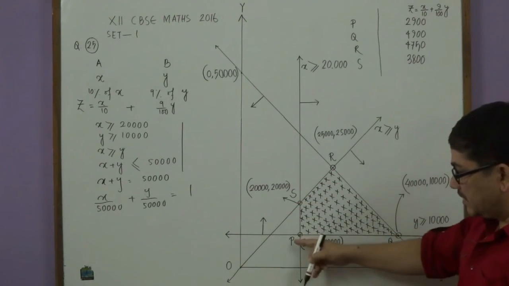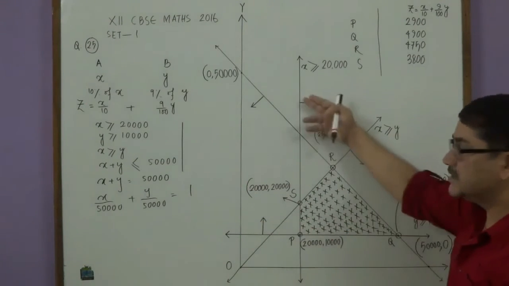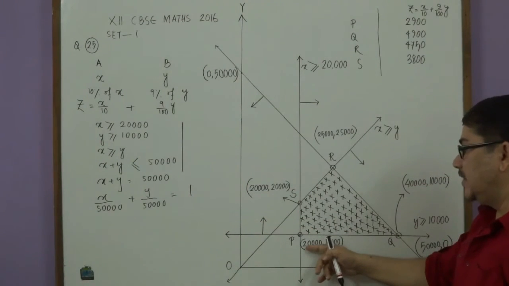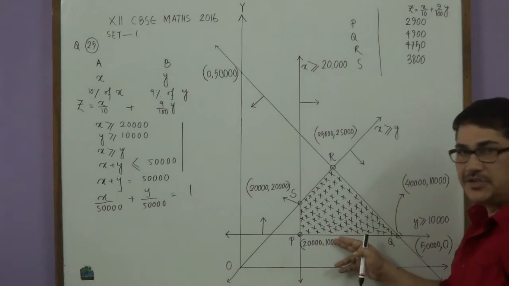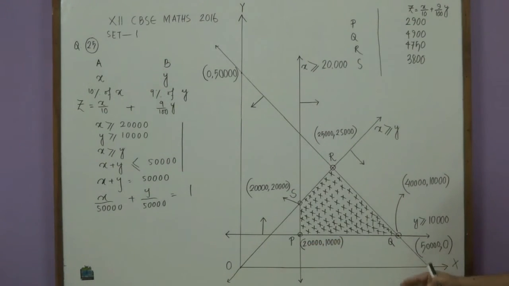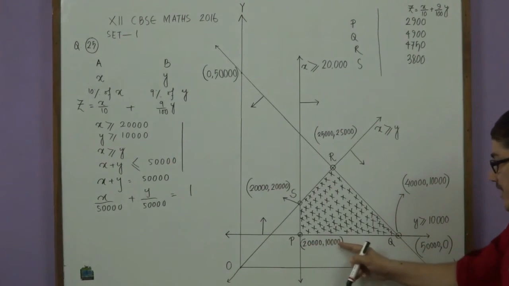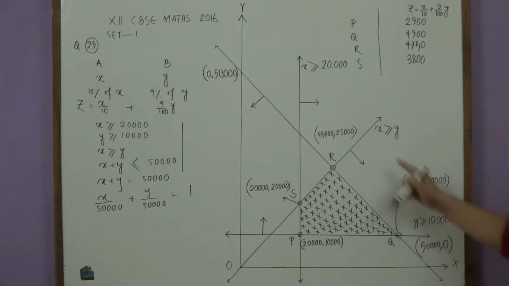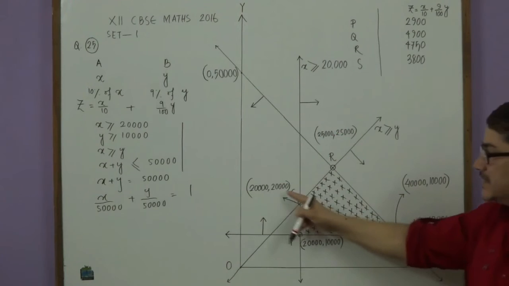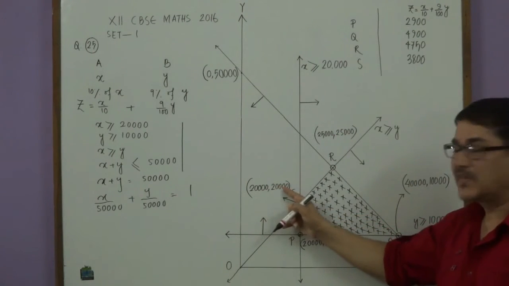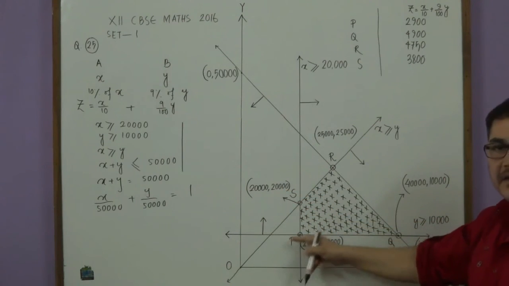So how to get these coordinates? Solve this and this. Easily you can find 20,000, 10,000. Go on solving like this. I have calculated 20,000, 10,000; 40,000, 10,000; 25,000, 25,000; and 20,000, 20,000. So at these points, maximum or minimum occurs.